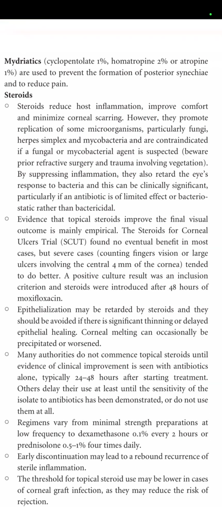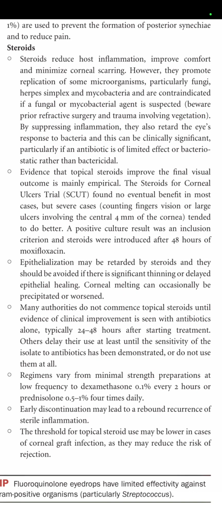Evidence that a steroid improves the final visual outcome is mainly empirical. The Steroids for Corneal Ulcers Trial (SCUT) found no eventual benefit in most cases, but severe cases, counting finger vision or large ulcers involving the central 4 mm of the cornea, tended to do better.